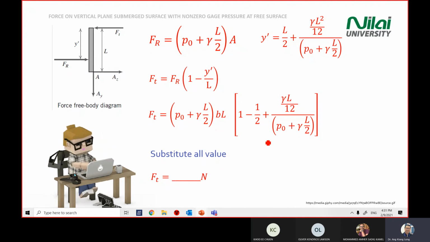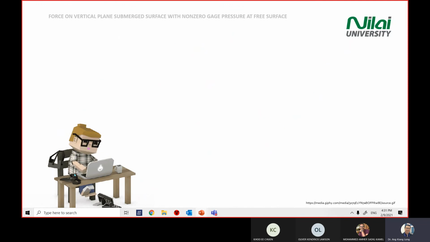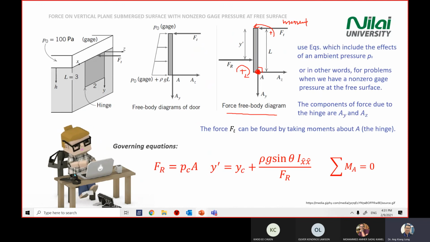So in my slide, I won't do the substitution numbers for you. I know all of you know how to substitute numbers and use your calculator. So what's important is you understand the concept that we use. The concept we use for this example, again, we use back the governing equation. We use the centroid pressure.